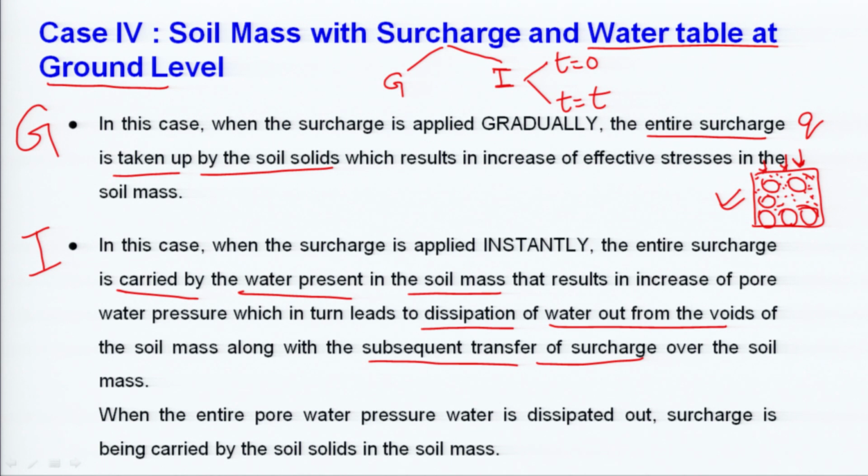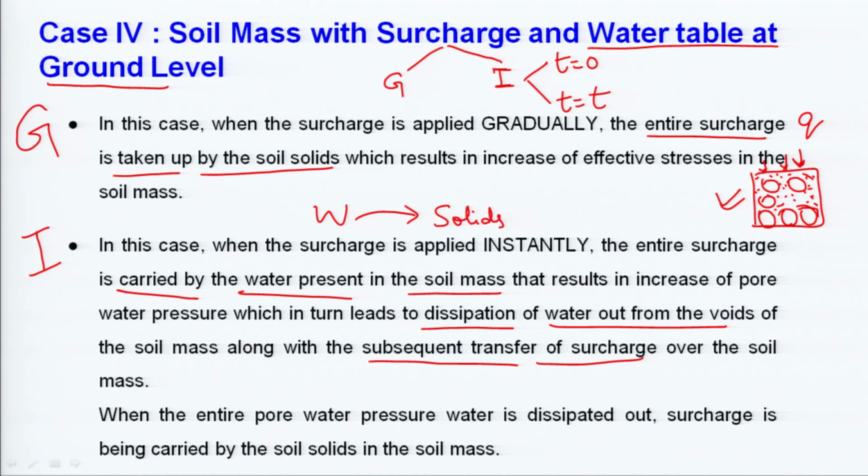When the entire pore water pressure is dissipated, the surcharge is carried by the soil solids. In the gradual case, the entire surcharge was taken up by the soil solids, but in the instant case, the very first thing is taken up by the water, and gradually it is transferred to the soil solids, to the soil grains.